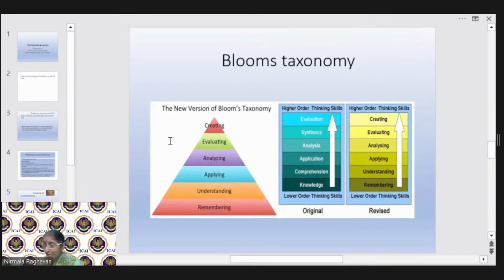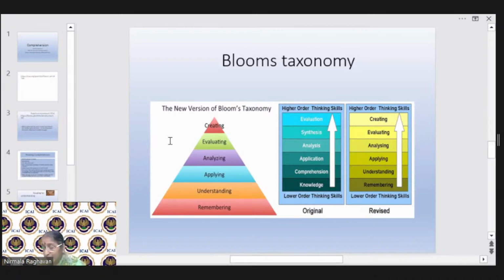We spoke of Bloom's taxonomy. Now WH questions are always LOTS, lower order thinking skills, and higher order thinking skills are mostly in your core subjects. Bloom's taxonomy is given to you so that you understand what kind of answers you can write for the questions that are given.